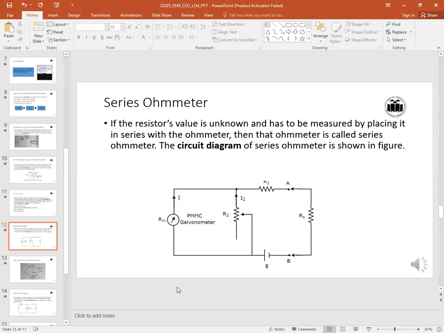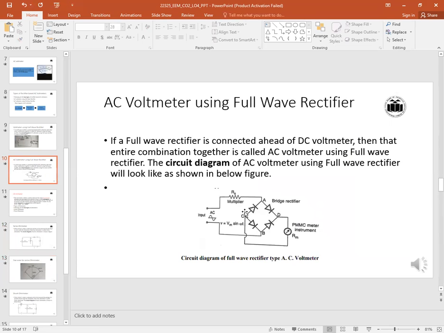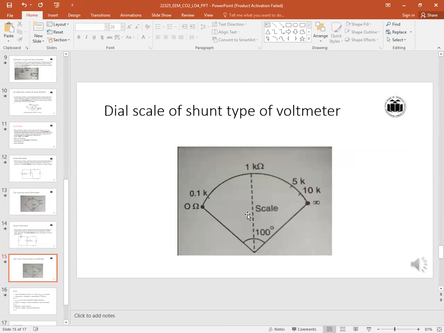So it may be 0 or it may be infinity. The range will be 0 or it may be infinity. So we can measure with a series ohm meter from 0 to infinity points.